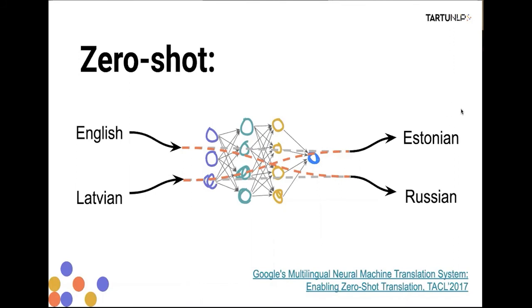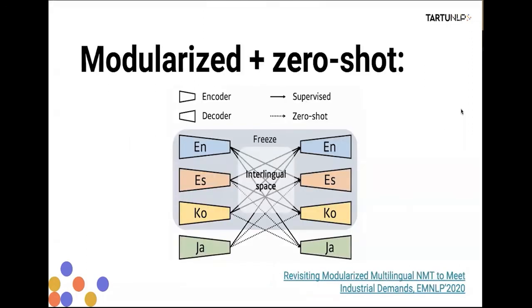If we go back to the modularized paper, then they show that this effect is even stronger in their case. They not only tested this zero-shot by, let's say, not including any parallel data, but they also show that you can take an available trained model. In this case, you see it's English, Spanish, and Korean.